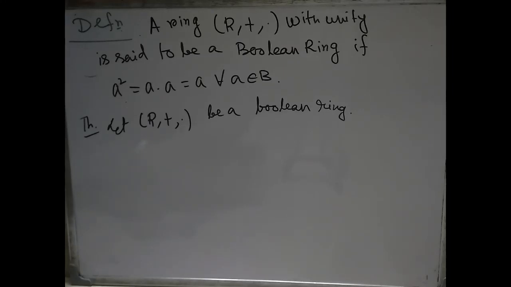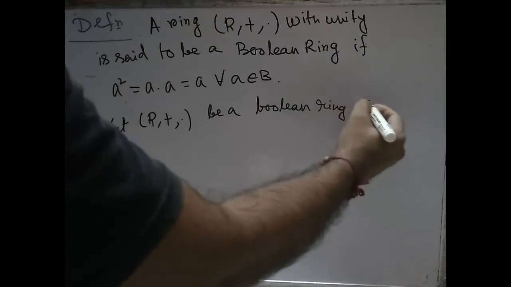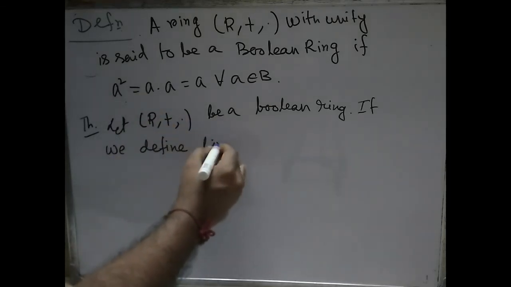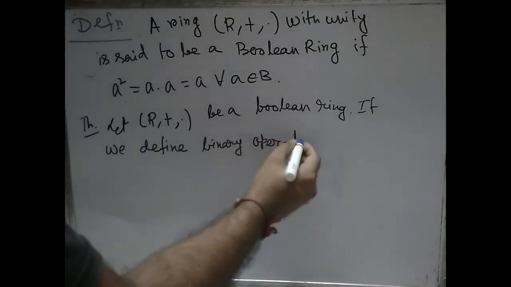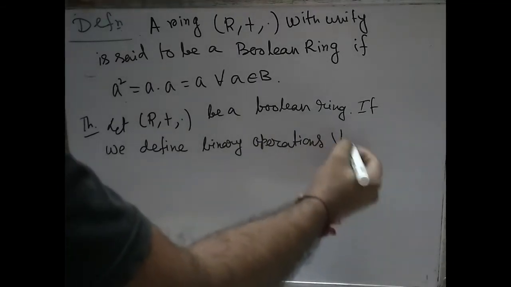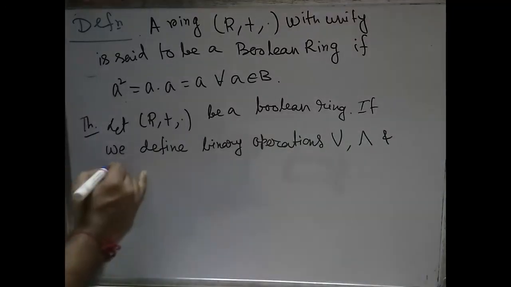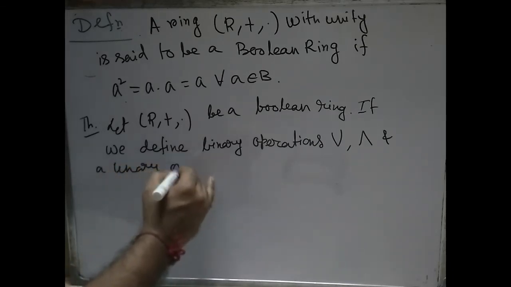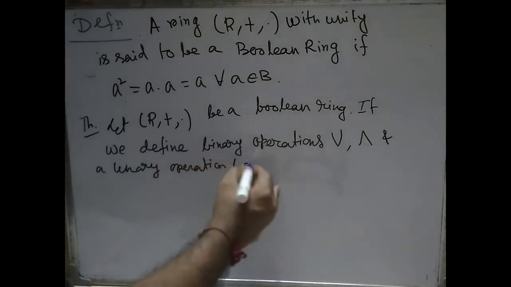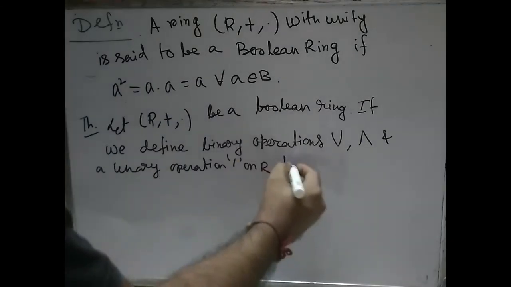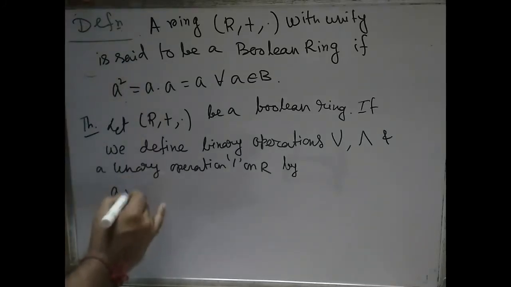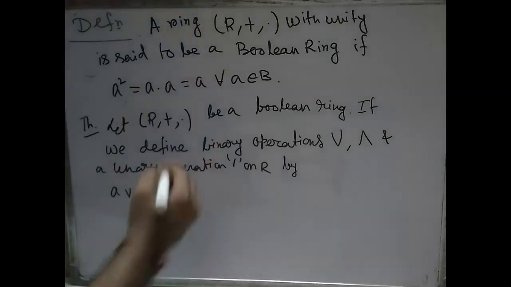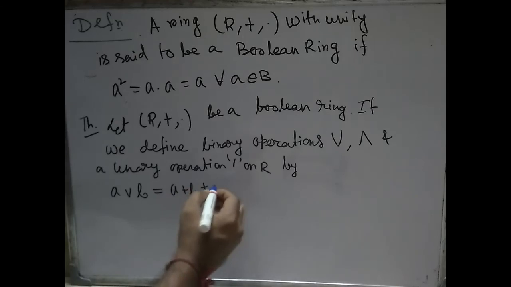let R, plus, dot be a Boolean ring. Okay, now if we define binary operations and a unary operation on R by a join b is defined by a plus b plus a dot b.